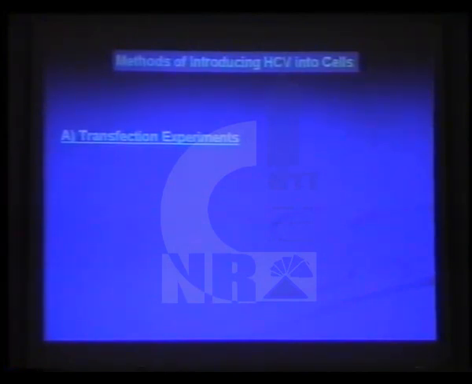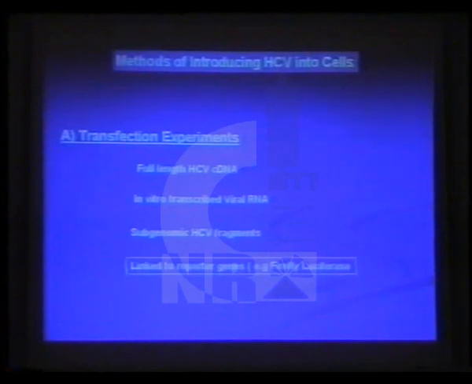Most of the people use transfection experiments in which they use either full-length HCV cDNA or they in vitro transcribe this cDNA into a viral RNA, or they use subgenomic HCV fragments and link these to a reporter gene with a luciferase activity that can monitor the infectivity of the replicon into the cells. However, we found that this strategy has some disadvantages.